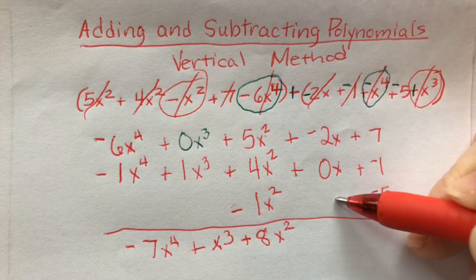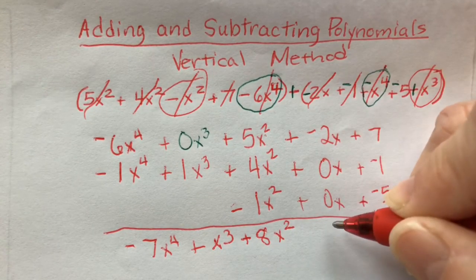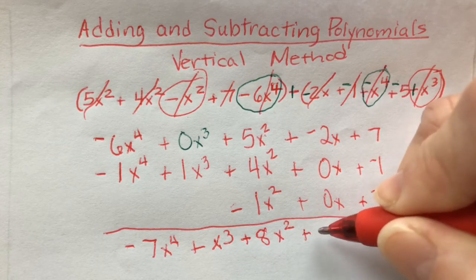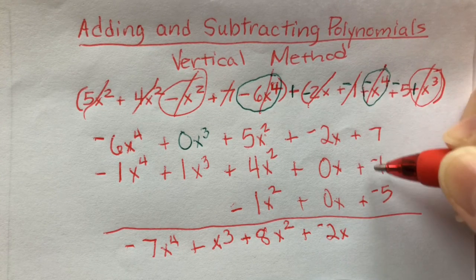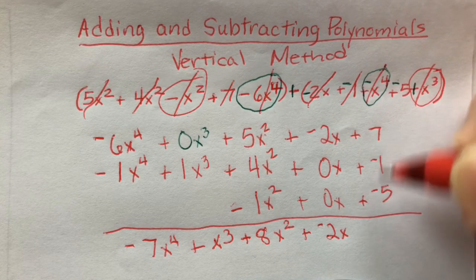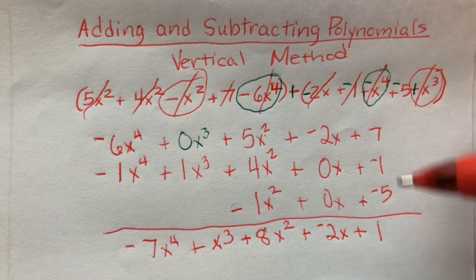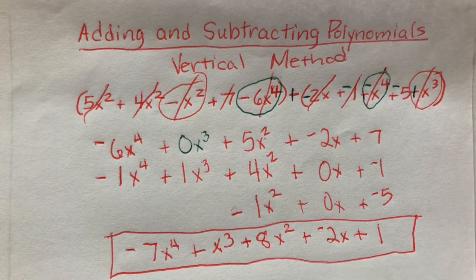And then the -2, and I could put a 0x here too if I wanted to, but I don't have to. Plus -2x, or I could have said minus 2x. And then here I've got two negatives, so those are -6 with a positive 7. That gives me plus 1. This is the answer to my question.